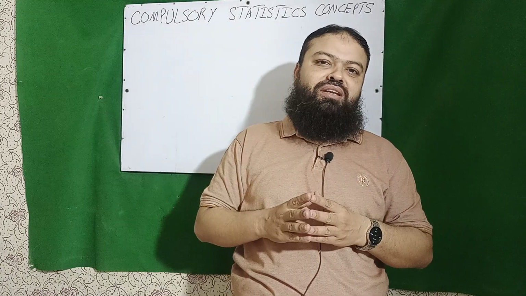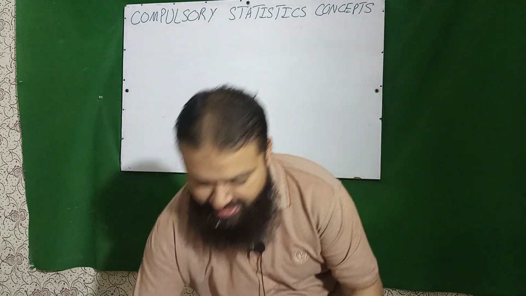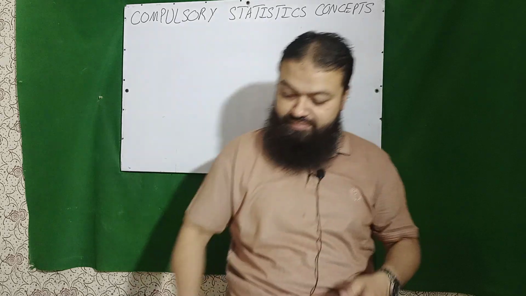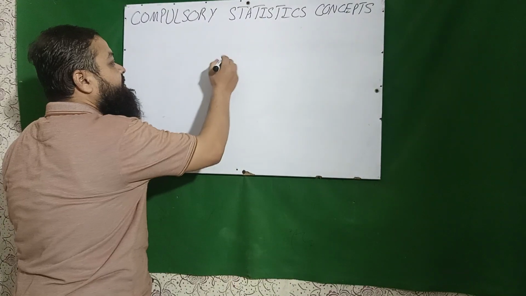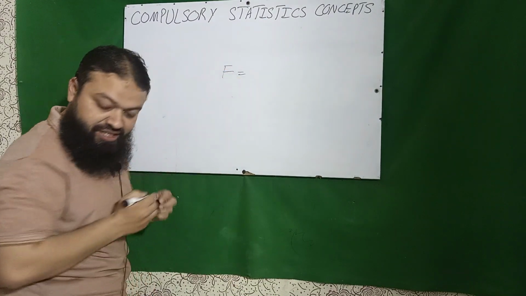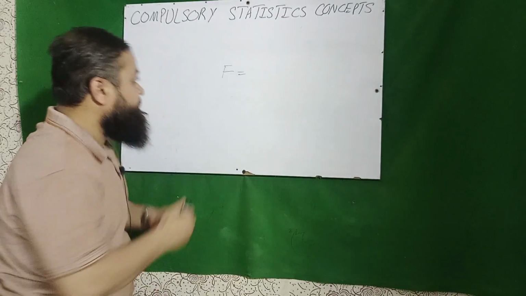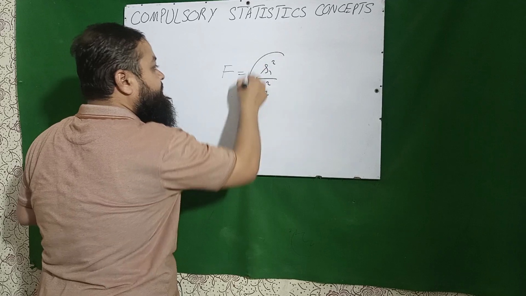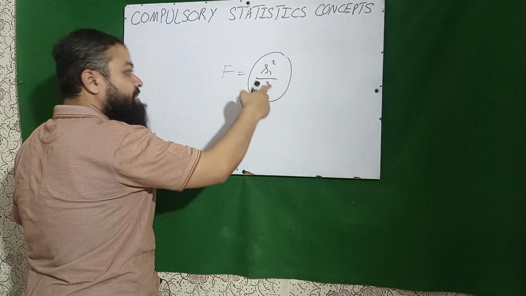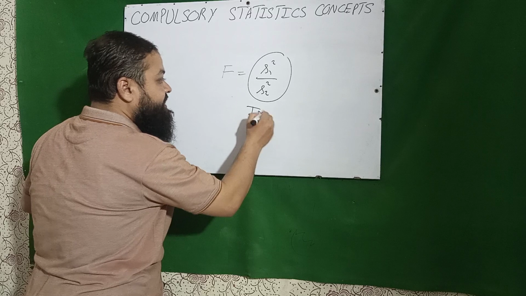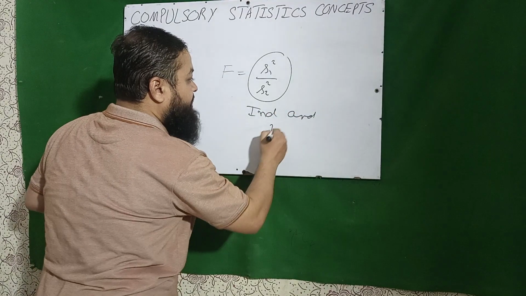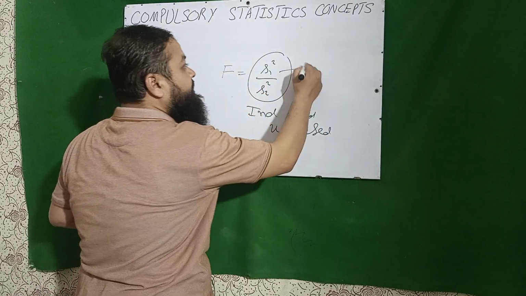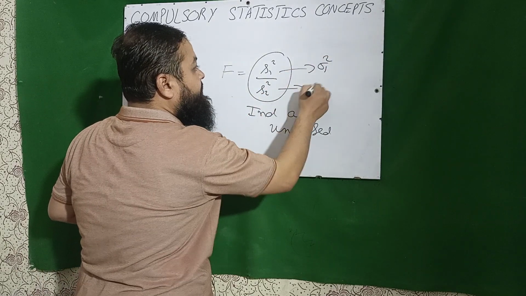Let's start. Question number 1. F ratio is the ratio of two. Dear students, we know the formula of F. It is S1 square over S2 square. These are two independent and unbiased estimates of population variances, sigma 1 square, sigma 2 square.